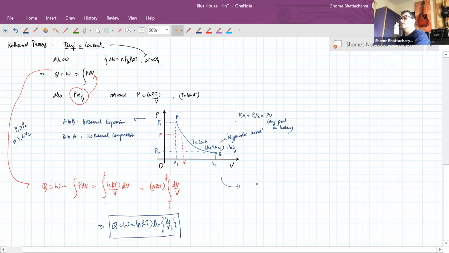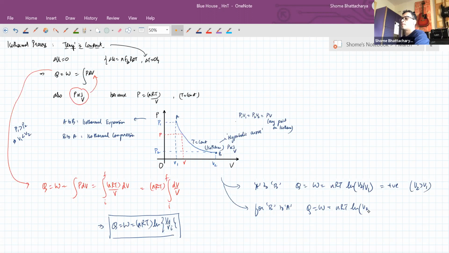So in this graph, you can see that if we are going from A to B, Q will be equal to W will be equal to nRT natural log of V2 by V1, which would be a positive quantity because V2 is greater than V1. Whereas if we went from B to A, which is a compression, this would be V1 by V2, and this would be a negative quantity because V1 is less than V2.